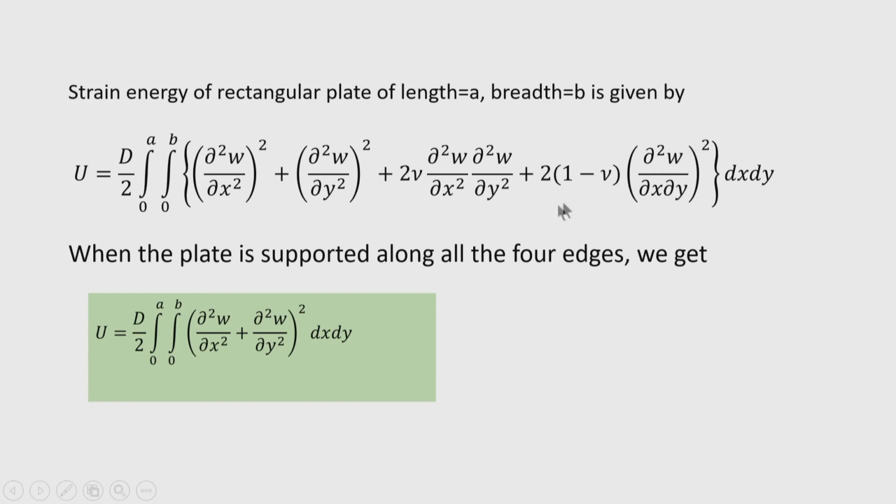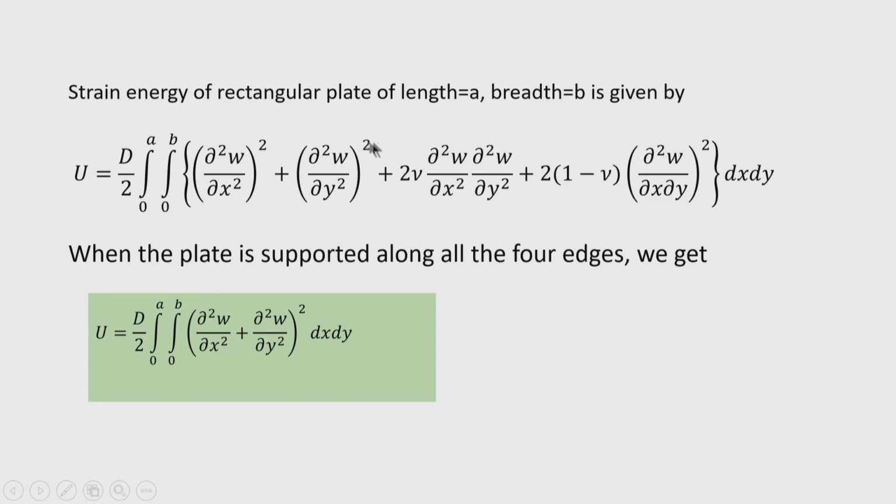For a rectangular plate which has all the edges supported, whether it is a clamped support or a simple support, meaning a simply supported plate, the second term containing the Poisson ratio will vanish.